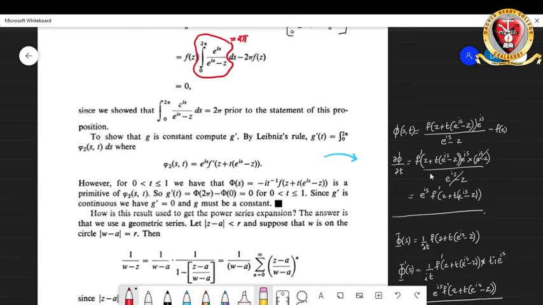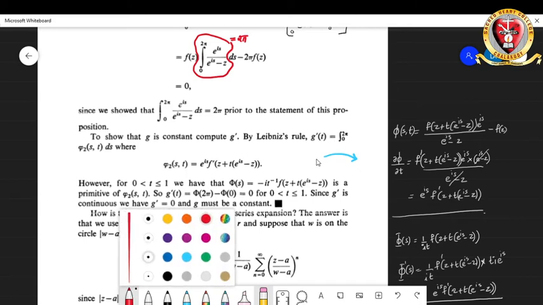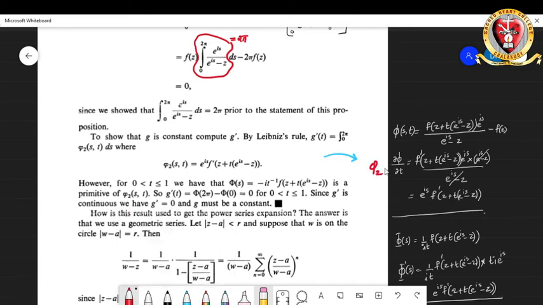You can cancel them out to get this. This is what they call phi 2. So phi2 of st, which is the derivative of phi with respect to t, is equal to e raised to is into f dash of z plus t into e raised to is minus z. That is an observation there.